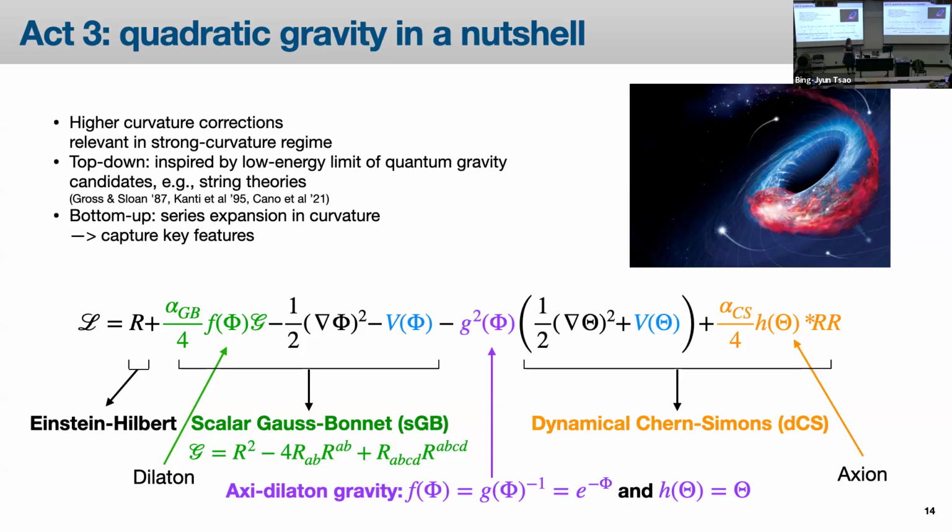And what we want to look at for the results is mostly this axiodilaton gravity. But I will take a moment to talk about how we can even begin to solve these theories numerically. I'll give you one result that's not our own, but it's a very nice paper. And then I will talk about our most recent results.